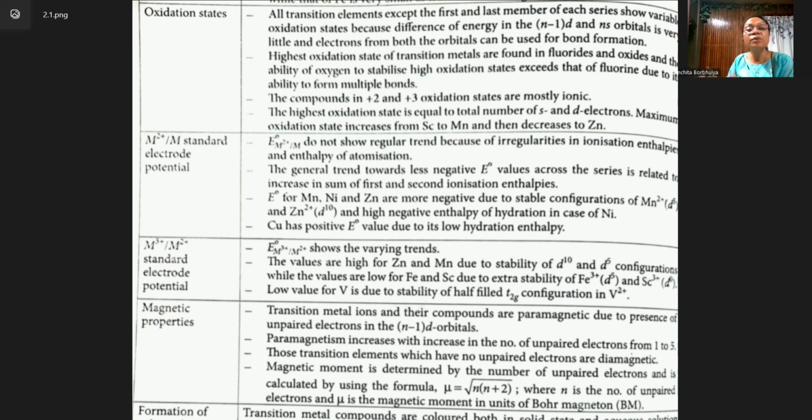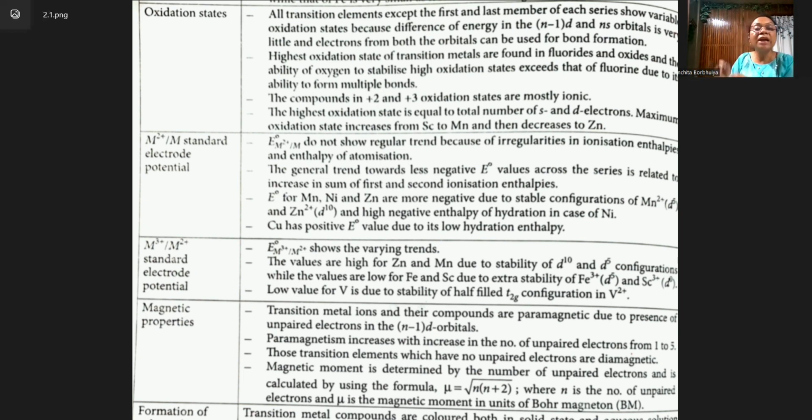So the general trend towards less negative E naught value across the series is related to the sum of the first and the second ionization enthalpies. E naught for manganese, nickel, and zinc are more negative due to stable M2+, that is d5 for manganese and Zn2+ d10, and they have high negative enthalpy of hydration.